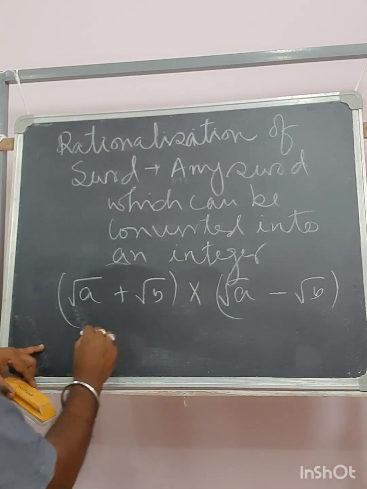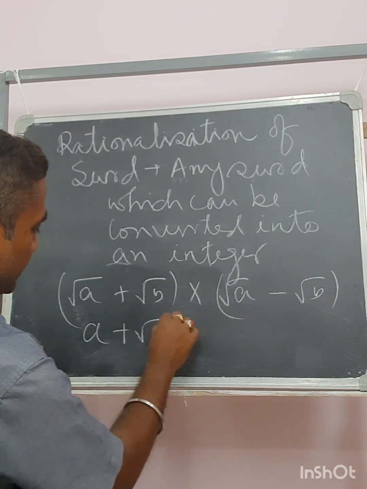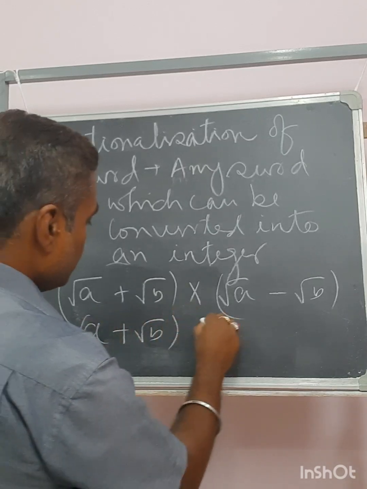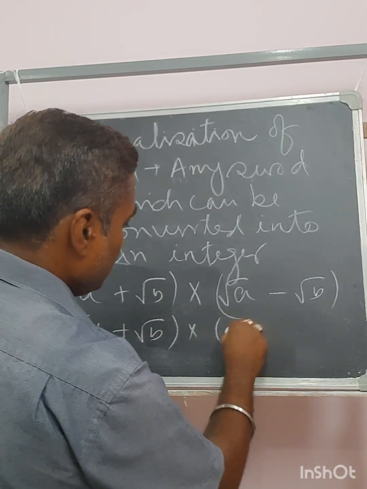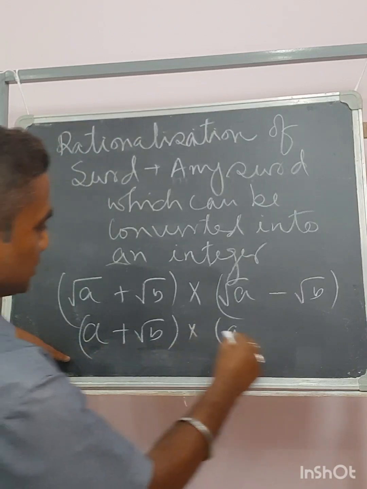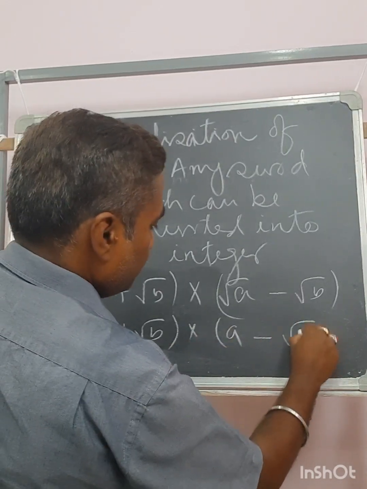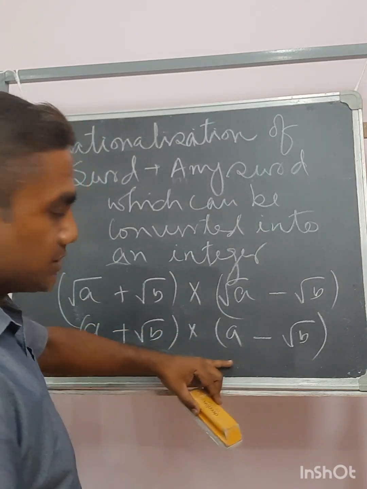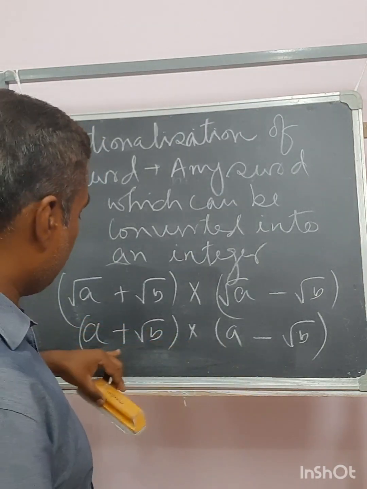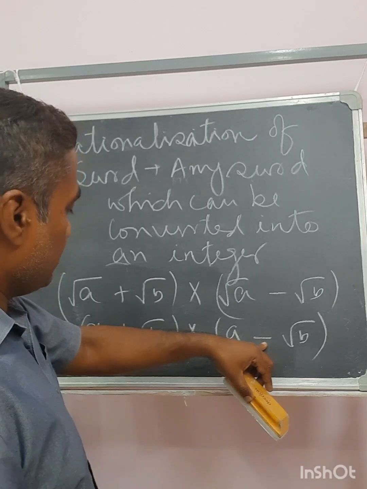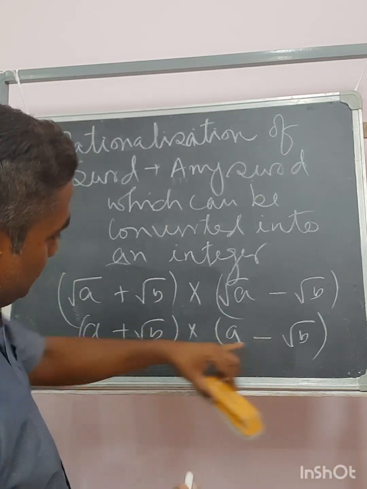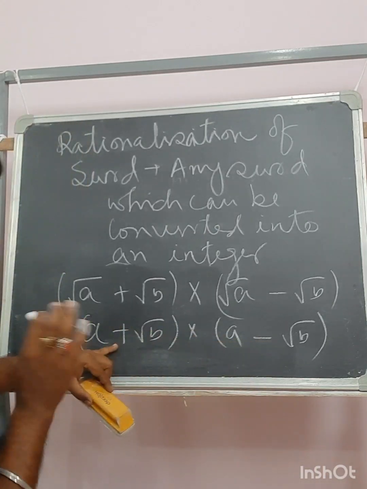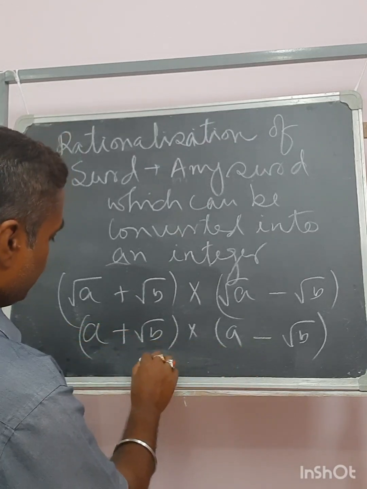Or in case it is a mixed surd also, I need something which is equal in terms but will give the final result as an integer only when I change it with the opposite sign. If it is minus, I will take plus. If it is plus, I will take minus. Then it will give you a result.